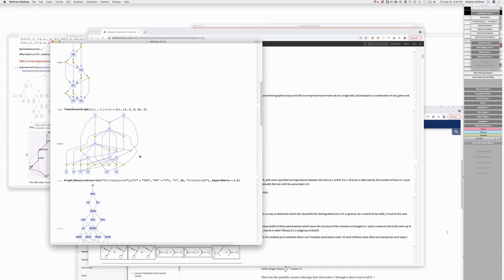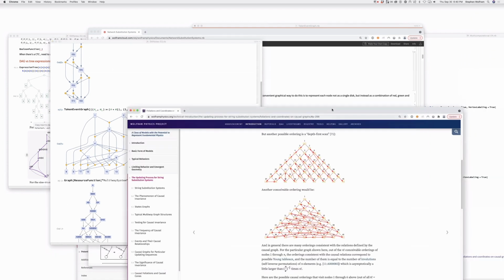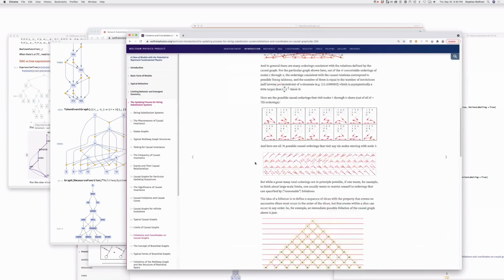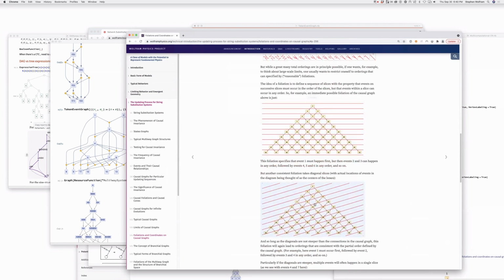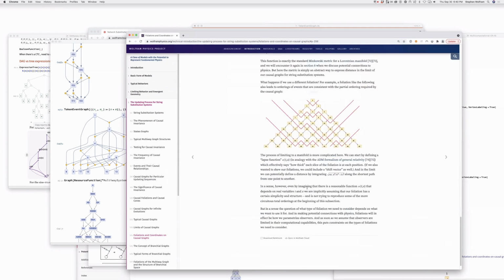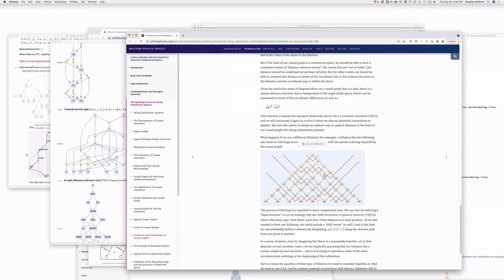The thing that I was particularly interested in also is what is a plausible foliation, right? So these are total orderings, but those are foliations, right? And they're different. That's a foliation, for example. That's a particular way of deciding how to sequentialize a series of events.